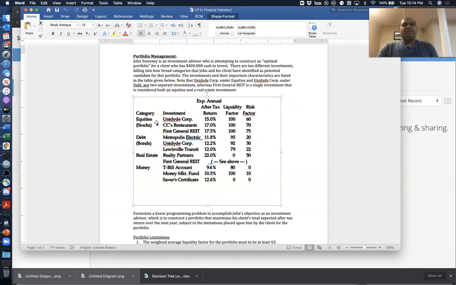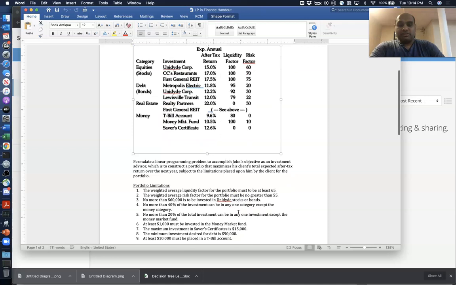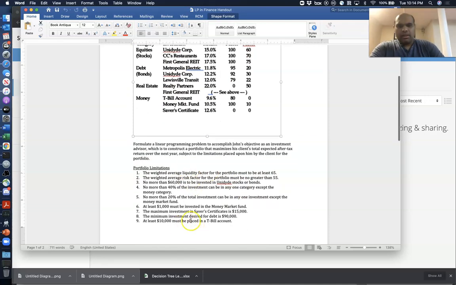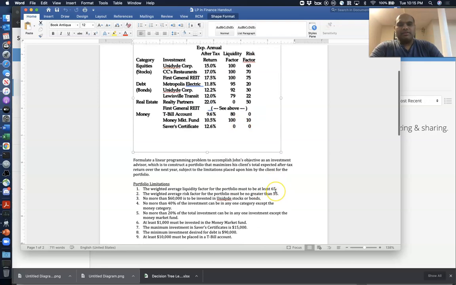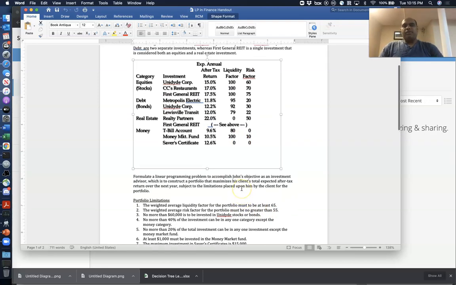We can define decision variables as actual dollar values, or as a percentage of investments. I'm going to go with percentage of investments as my decision variable, and the main reason for that is the liquidity factor and the risk factor constraints. It just makes them easier.